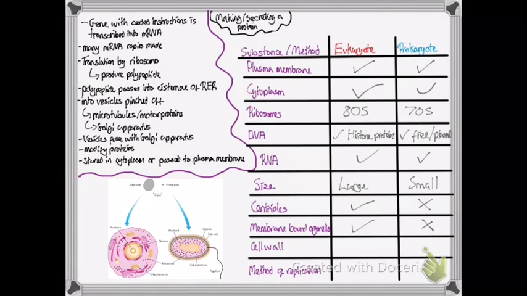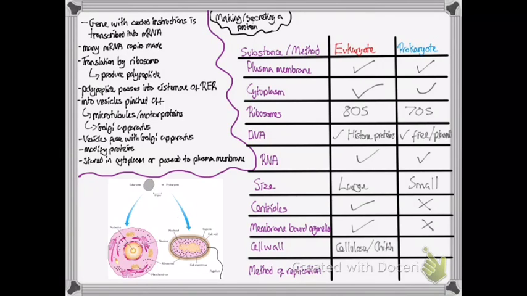No Golgi apparatus, no SER, no RER. Okay. Cell wall. Yes, they both have a cell wall, but in eukaryotes it's cellulose or chitin.